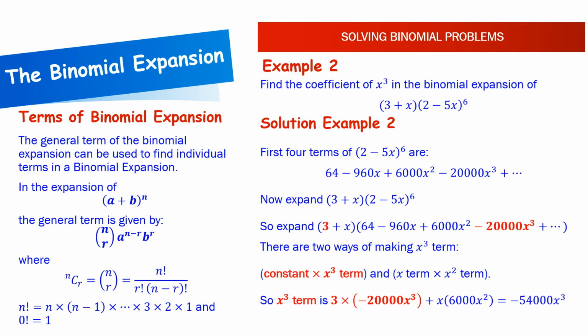So putting those together gives us that the x cubed term is 3 times minus 20,000x cubed plus x times 6,000x squared, giving us minus 54,000x cubed. So the coefficient of x cubed in the binomial expansion of (3 + x)(2 minus 5x) to the power 6 is minus 54,000.